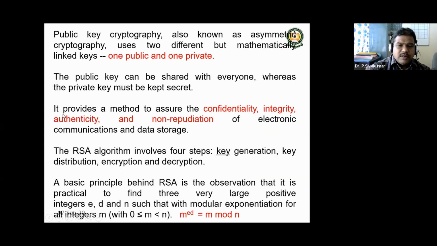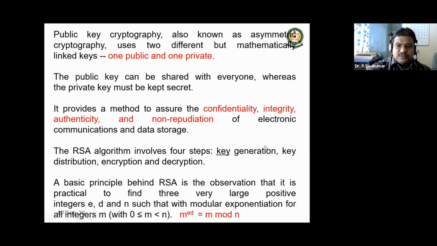Normally the RSA algorithm provides confidentiality, integrity, authenticity, non-repudiation. The RSA algorithm involves four steps. First one is key generation, because the key is not automatically used; first the user generates the key, then uses it in the algorithm.